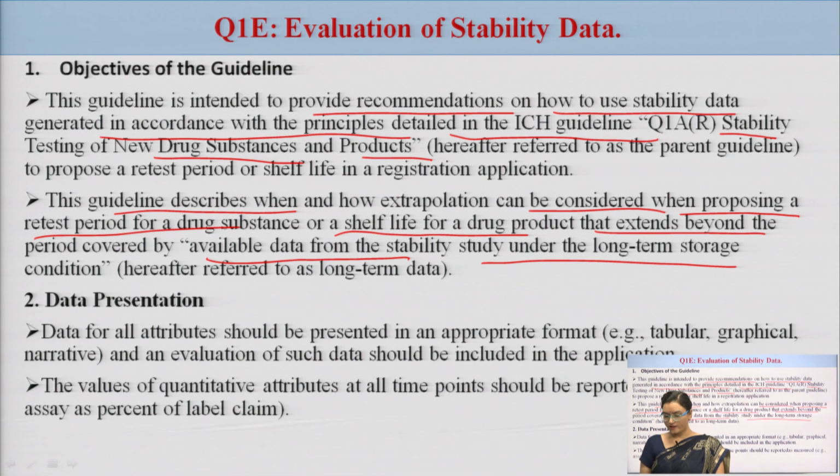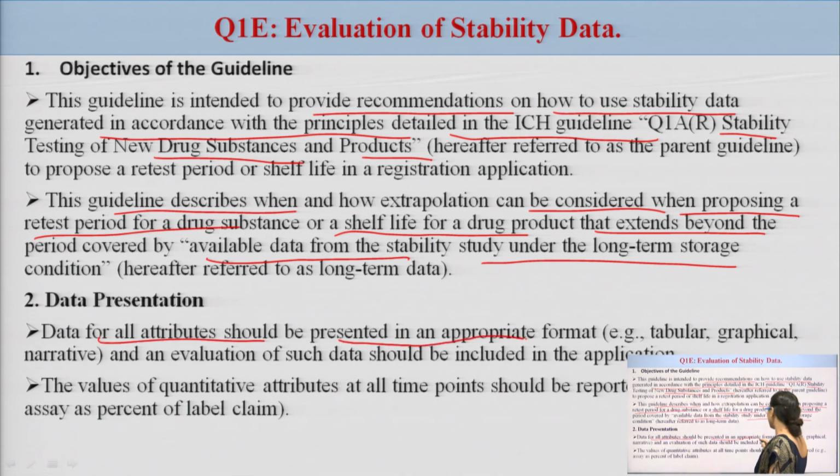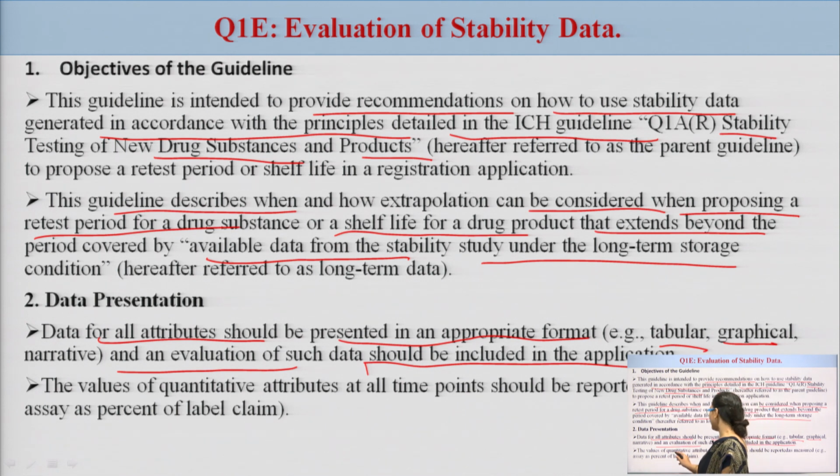Next is data presentation. Data for all attributes should be presented in an appropriate format. We can use tabular, graphical, or narrative, and an evaluation of such data should be included in the application. The value of quantitative attributes at all time points should be reported as measured, for example, assay as percent of label claim.